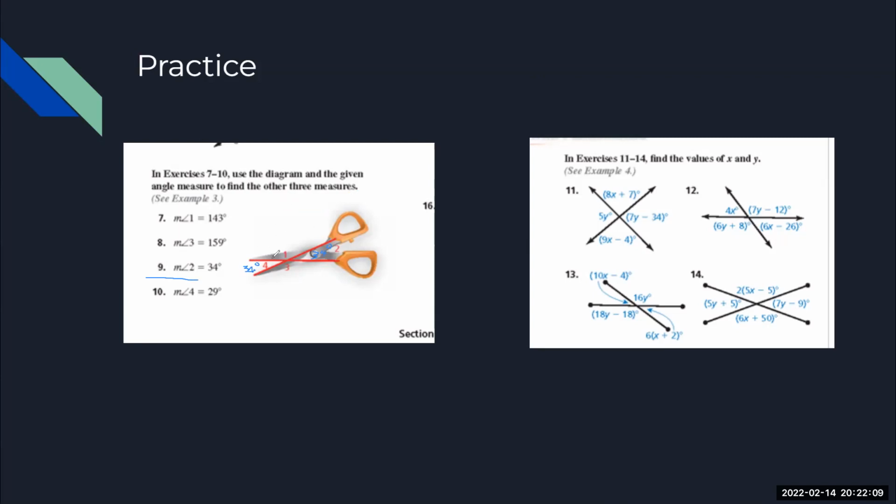And once again, according to the supplementary theorem, if it's on a linear line together, it has to add up to 180 degrees together. In this case, measure of angle 4 plus measure of angle 1 has to equal 180 degrees. And you know that the measure of angle 4 is 34 degrees.